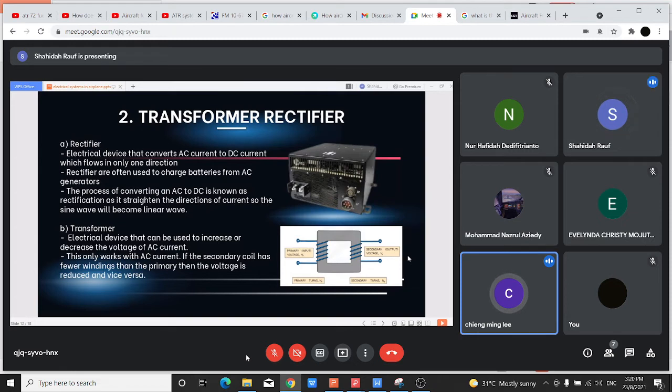It's just there for standby. Normally, every engine has a generator, and the APU has a generator. So there are plenty of generators inside the aircraft when it's flying.